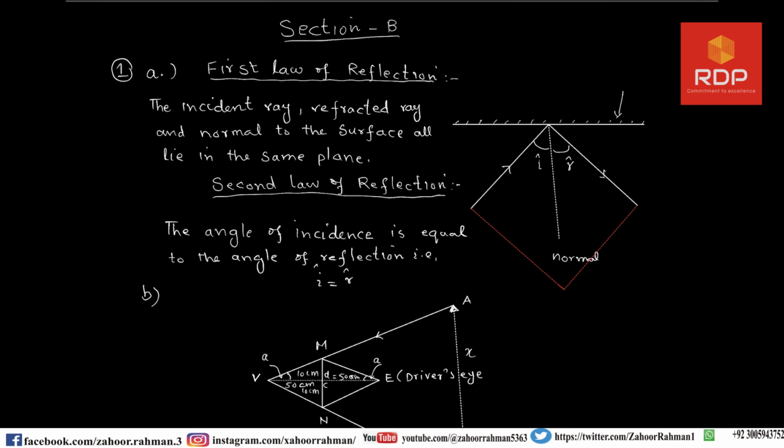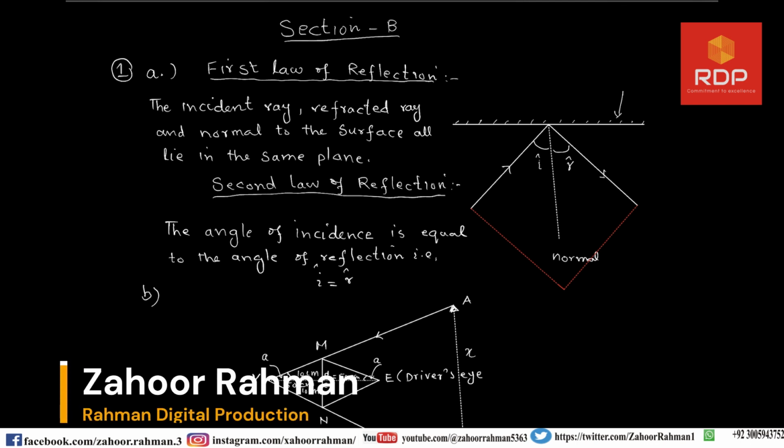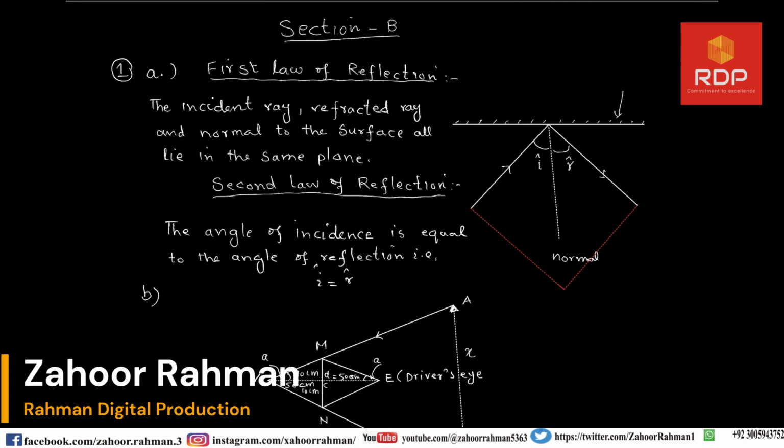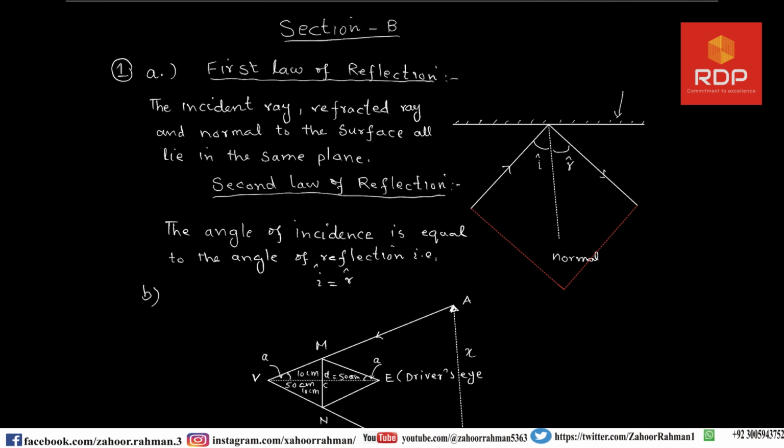The red dotted lines I made represent that it is forming a plane surface, and you can see that the incident ray, reflected ray, and normal, which is a white dashed line, all lie in a single plane. So that is the first law of reflection.